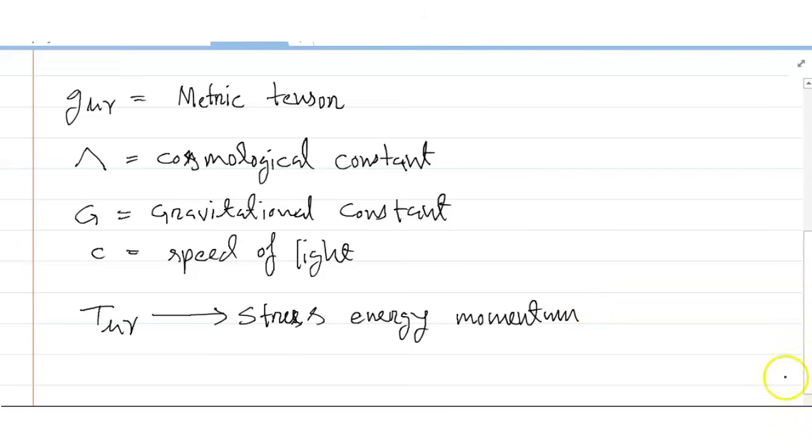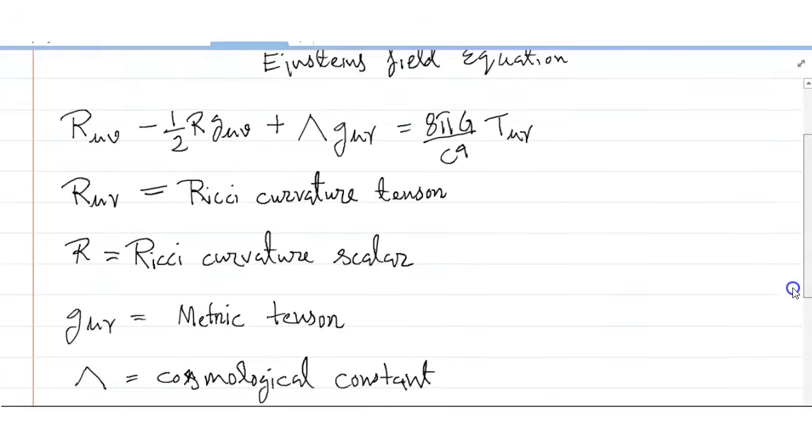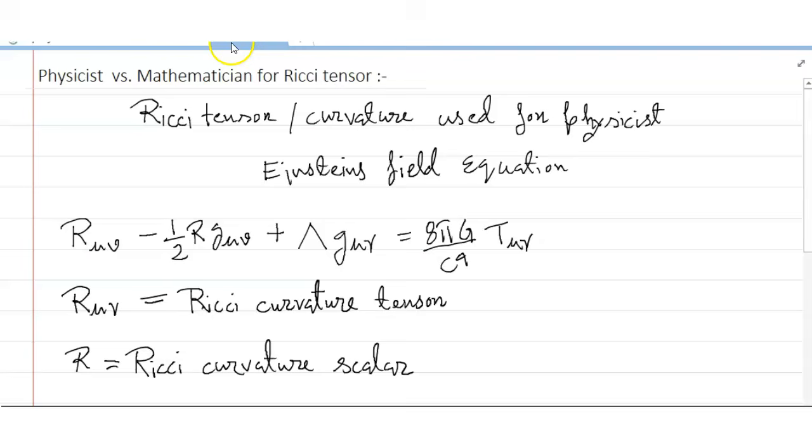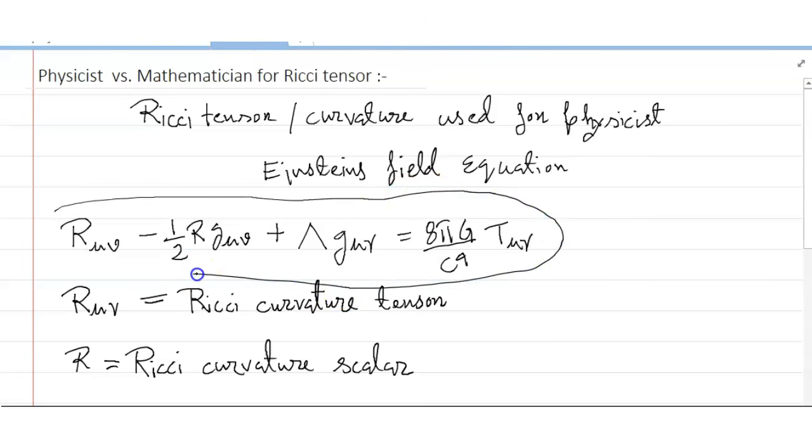So friends, we have understood that this is the Einstein field equation, and we have learned all the terms. What is the meaning of these terms? This is the Ricci curvature tensor.